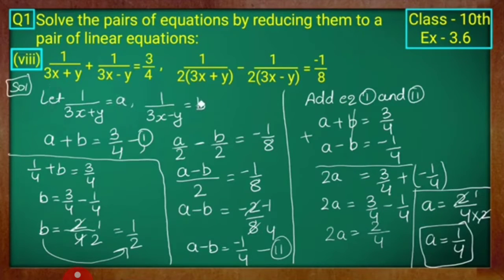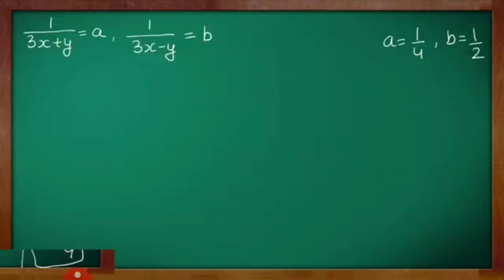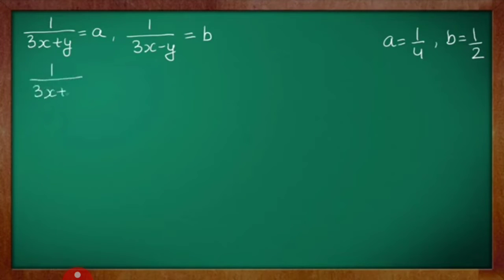Now again we substitute the values of a and b, which we have assumed in terms of x and y. Now you can see on this page 1 upon 3x plus y is equal to a, and 1 upon 3x minus y is equal to b. In the beginning we assumed these to get another pair of linear equations in two variables.